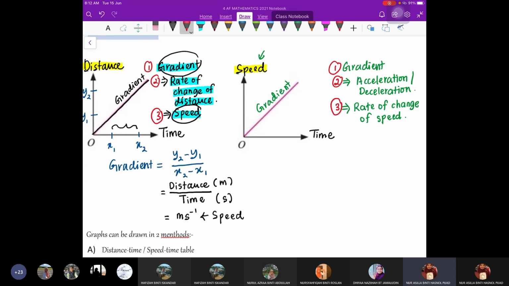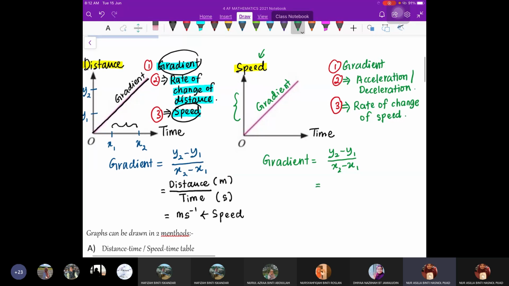Sebab kalau kita tengok gradient untuk speed time graph, gradient which is y2 minus y1 over x2 minus x1, sama kalau y2 minus y1 it gives you speed divide by time.